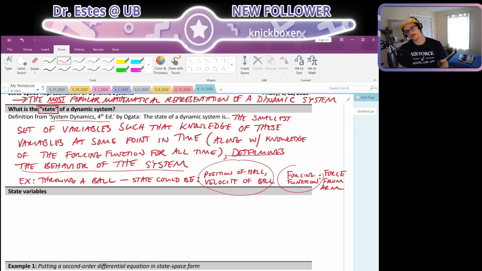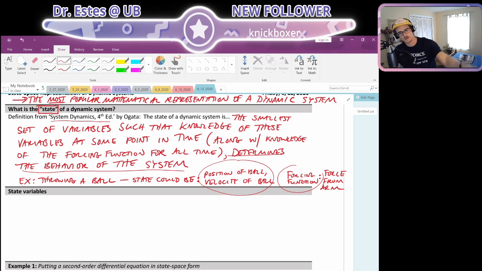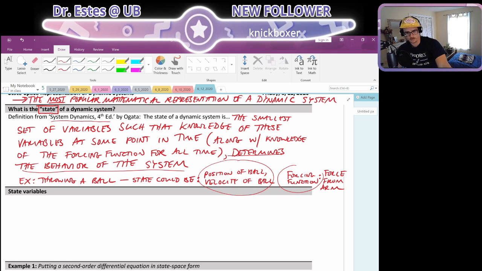So I would be able to mathematically predict how the ball is going to fly through the air. I know you guys have solved problems like this in a physics class, like a ball shot out of a cannon, where they tell you how fast it starts and you solve for the trajectory.